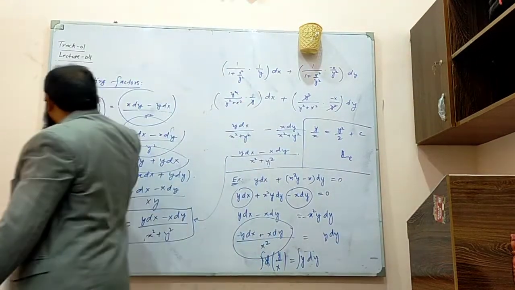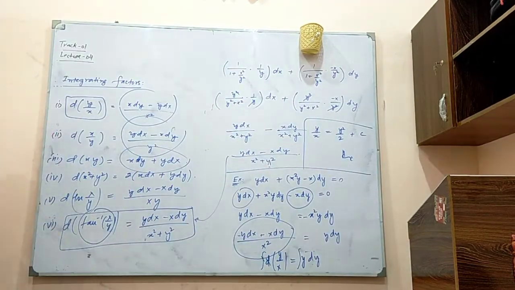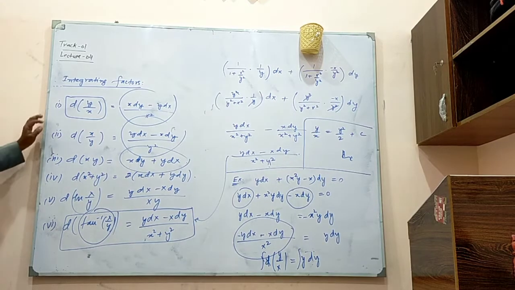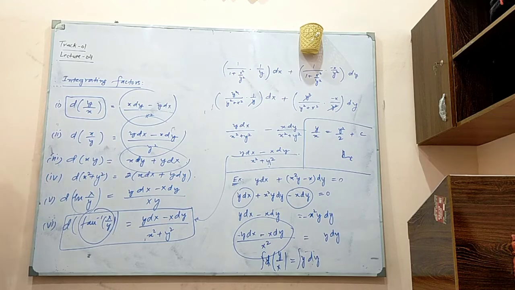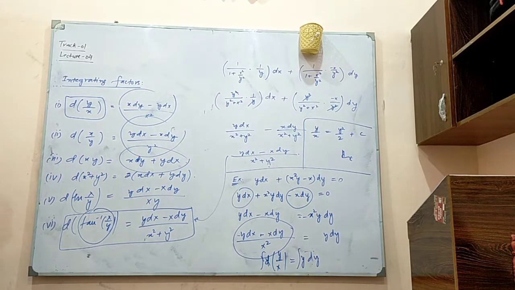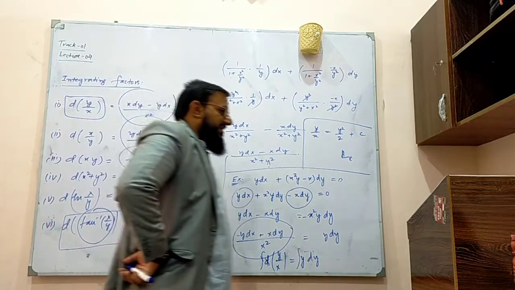So we have to just apply these things. And if we don't know these, we can prove these things easily. But at least we should know these things for now and understand the things.